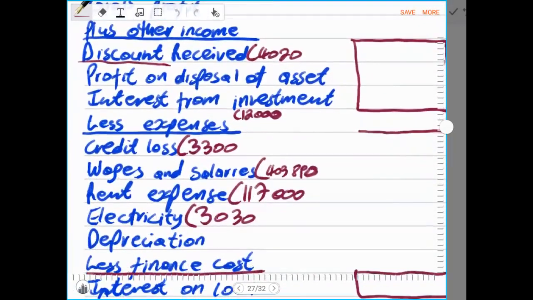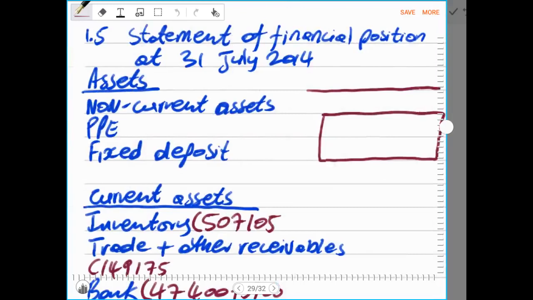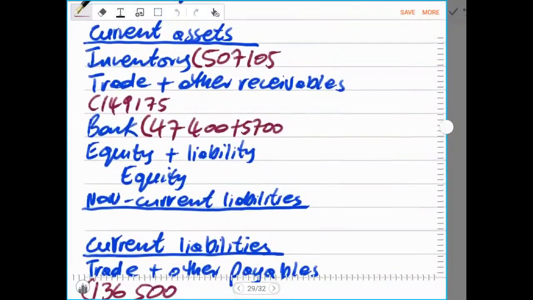It means under our credit losses, we have to say plus 1,980. And because this person is a bad debt, it must be removed from our debtors, being our trade and other receivables. We must say minus 1,980 because it is no longer a debtor in the business.